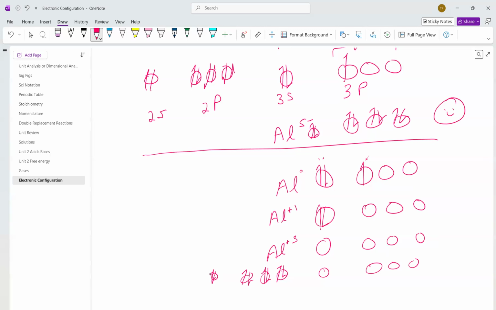Now, what about Al plus 1? Well, the full shell is stronger than the full subshell. So if you can go to the full shell, do it. If your only way is to go to the full subshell, then do that. Okay, does that make sense as far as why ions form? So what happens with aluminum metal?